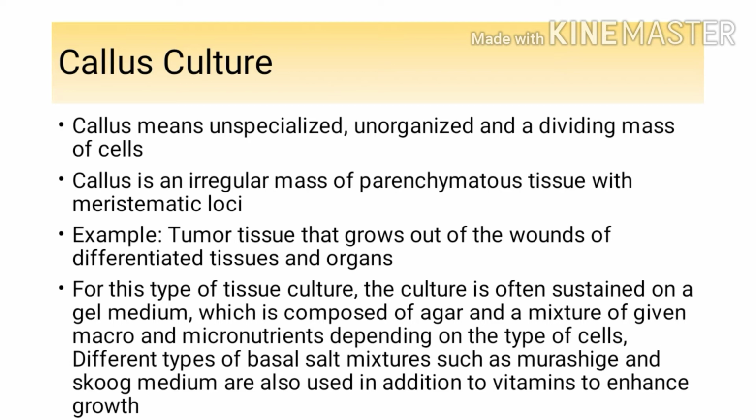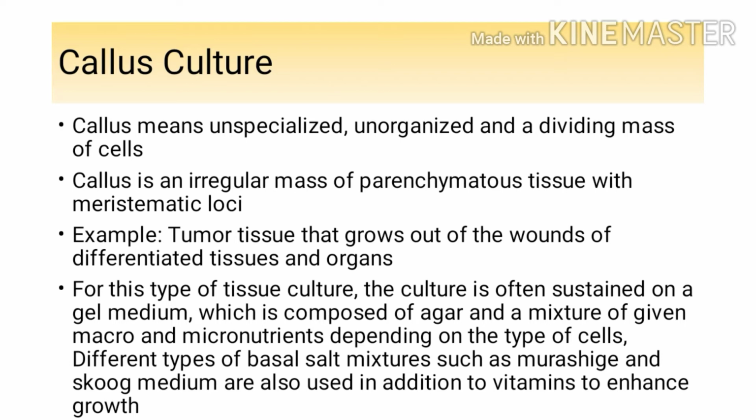In callus culture, we use a callus extracted from the donor plant, and each and every cell of this callus is unspecialized, unorganized and a dividing mass of cells. Those cells can behave like totipotent cells, and they also have the capacity to divide, multiply and grow.